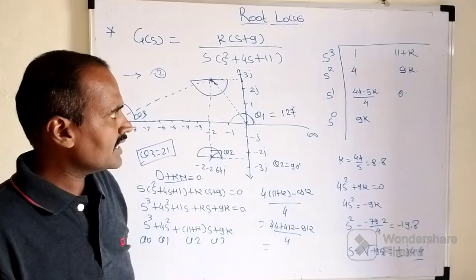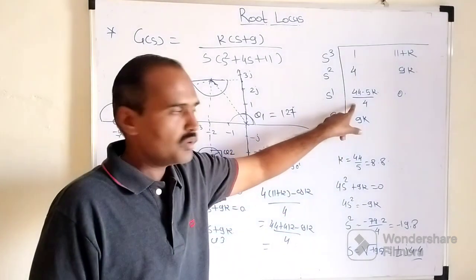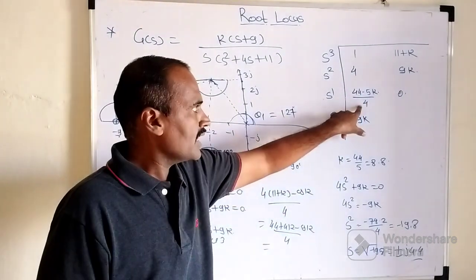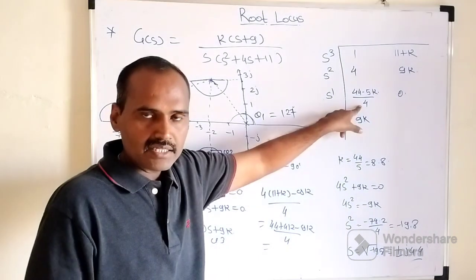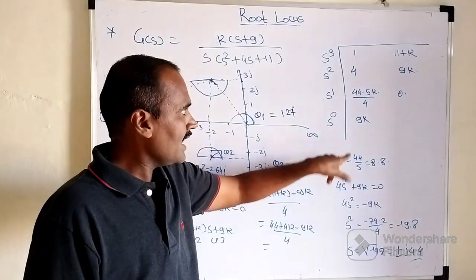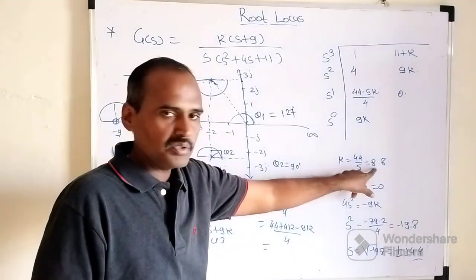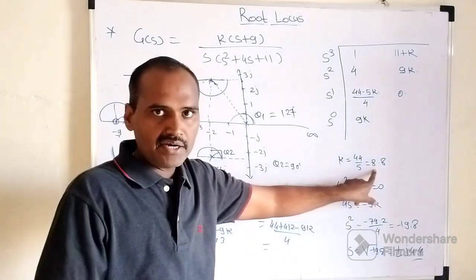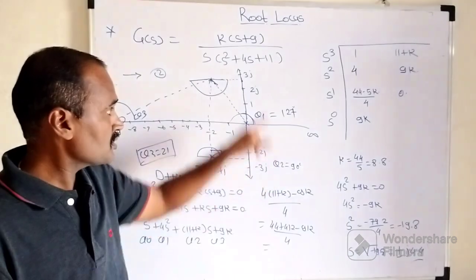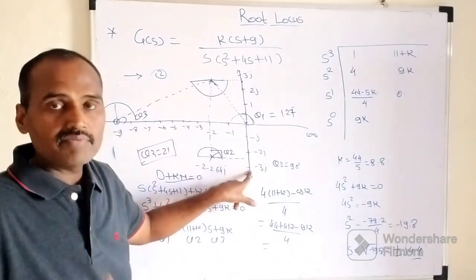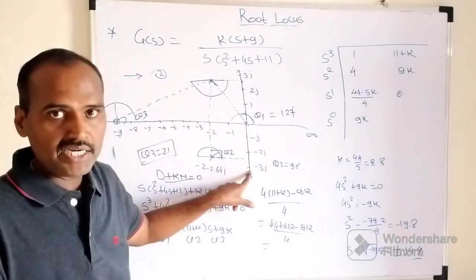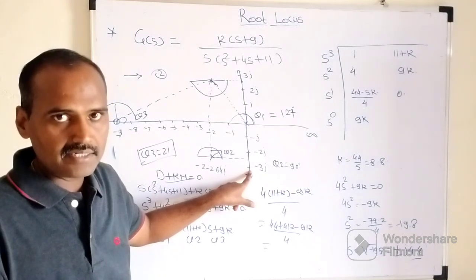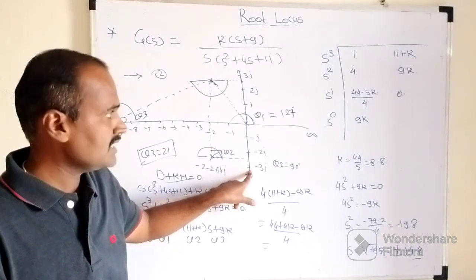The marginal value of k is to be tabulated from this row. 44 minus 5k upon 4 should obviously be greater than 0. So k equals 44 upon 5, which equals 8.8. We are supposed to determine the intersection of this root locus on this imaginary axis, so with the help of the auxiliary equation we tabulate the intersection point on the j omega axis.